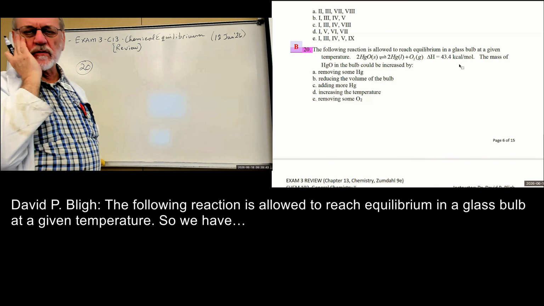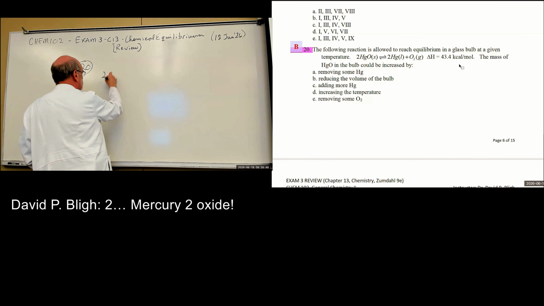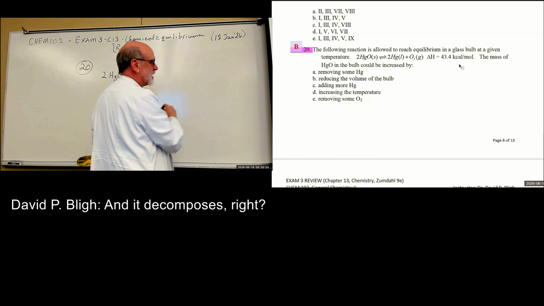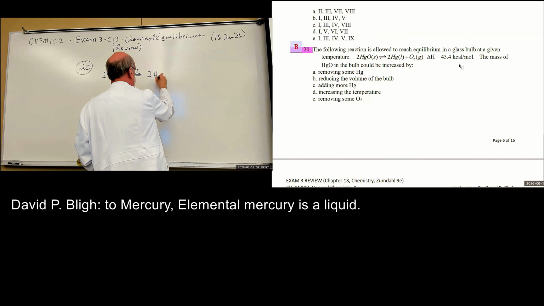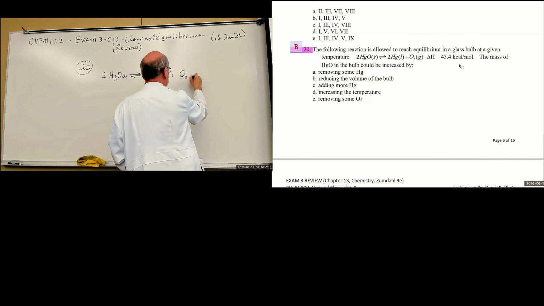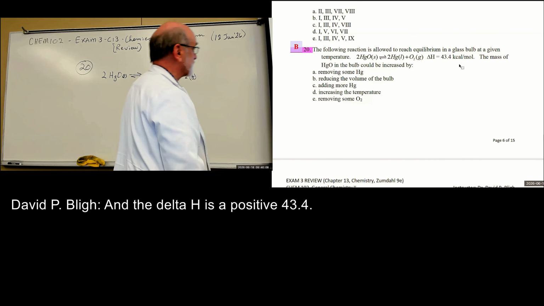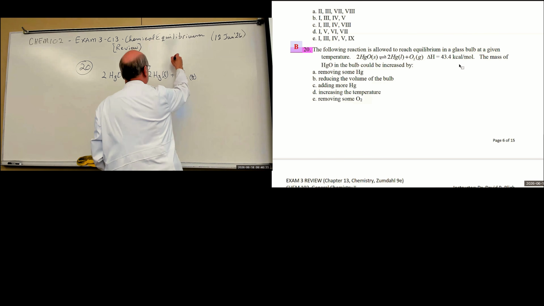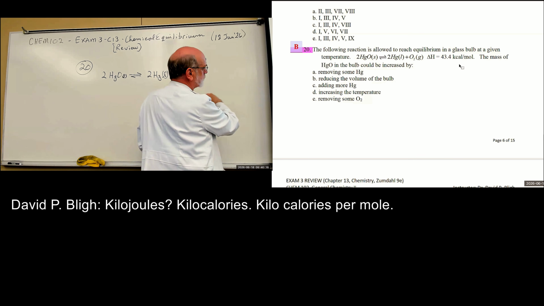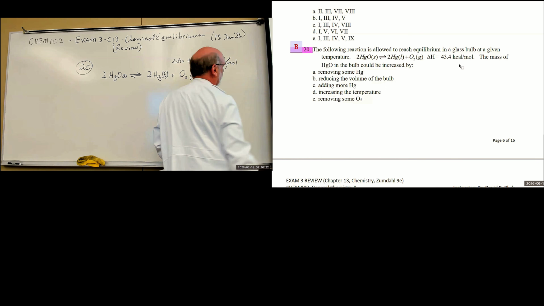The following reaction is allowed to reach equilibrium in a glass bulb at a given temperature. So we have 2 mercury(II) oxide, and it decomposes, right? To elemental mercury, which is a liquid, and O2, which is a gas. And that's balanced. And the delta H is a positive 43.4 kilocalories per mole. All right.